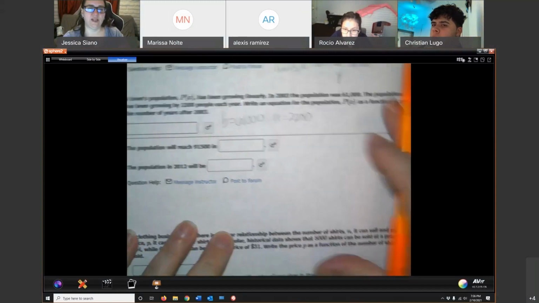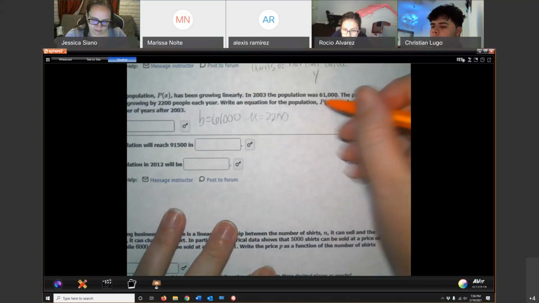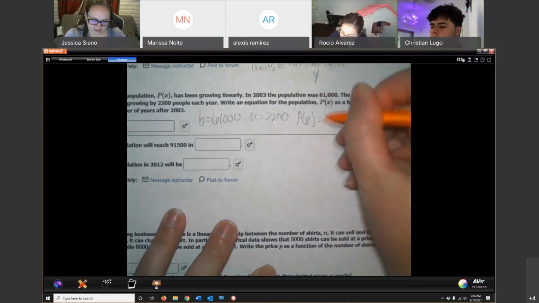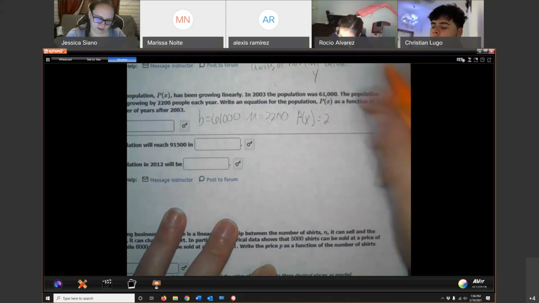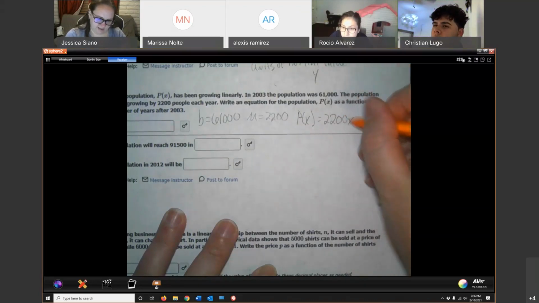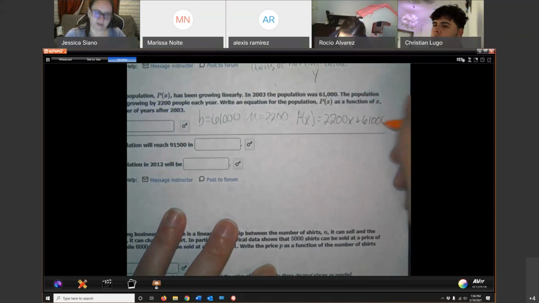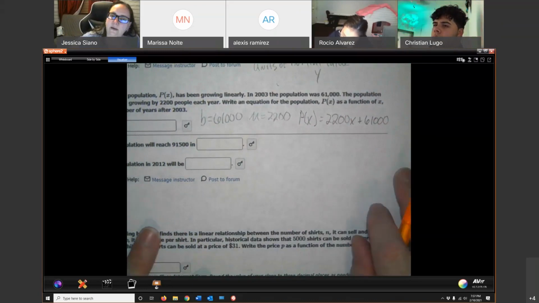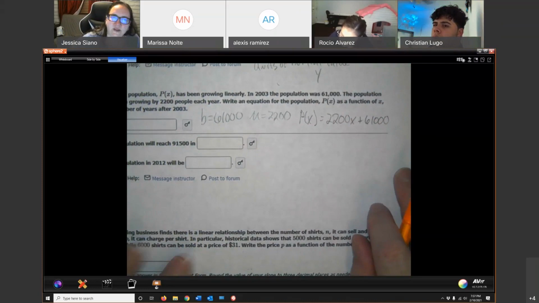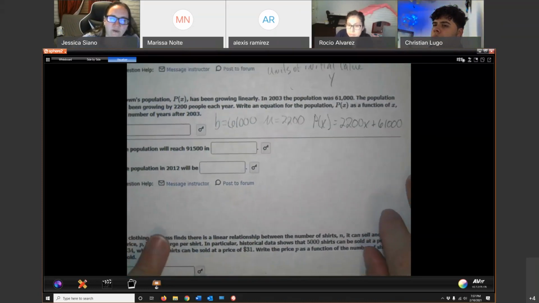So then the equation of this line would be P of x equals 2,200x plus 61,000. And so then here they want to know, when will the population reach 91,500?